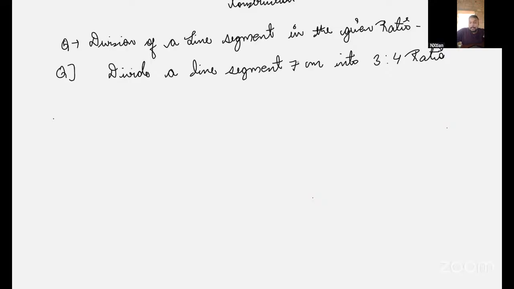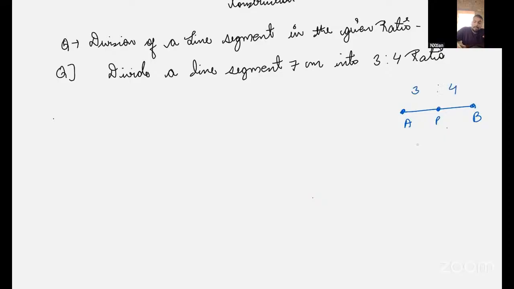Every time I'm saying it again and again: when you are doing these questions, you have to make a rough diagram, just a normal rough diagram with the pencil. This is a line segment AB, and this is a point which divides it into 3:4.